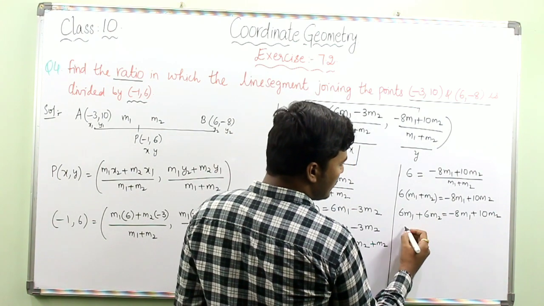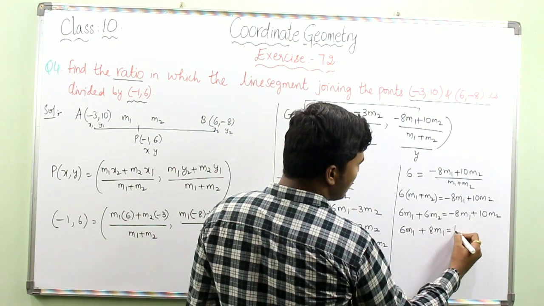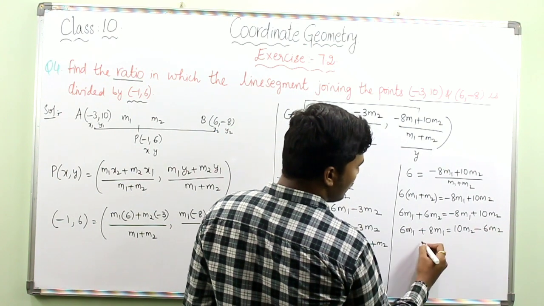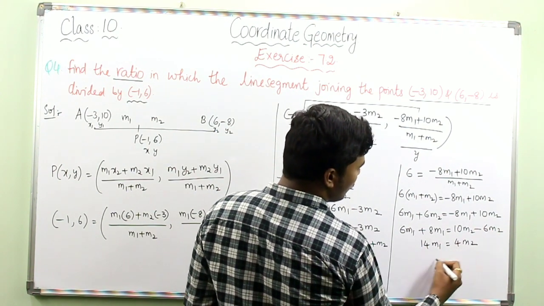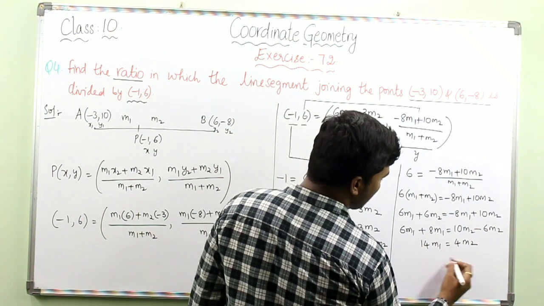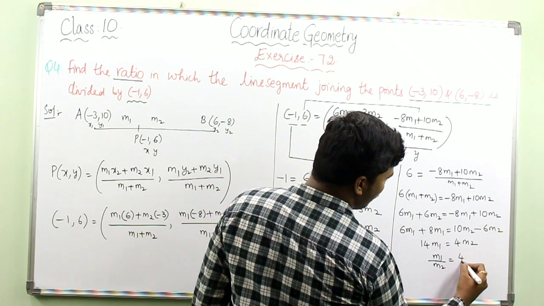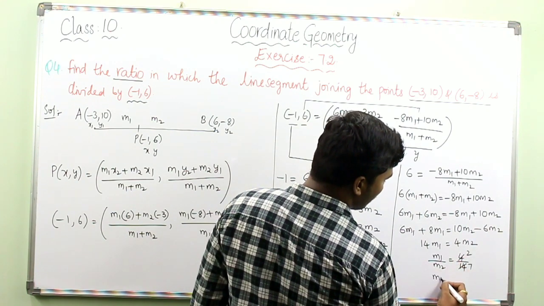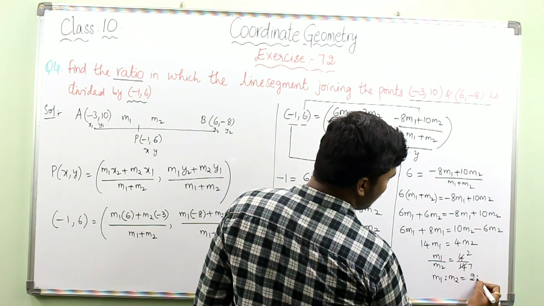Now shift m1 terms one side, that is 6m1 plus 8m1 is equals to 10m2 minus 6m2. So it will become 14m1 is equals to 4m2. Get this m2 term here and this term that side. Then it will become m1 by m2 is equals to 4 by 14, which is nothing but 2 by 7. So therefore m1 is to m2 is equals to 2 is to 7.